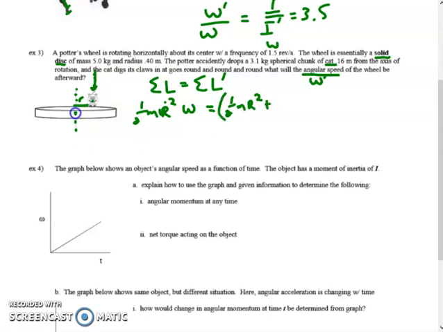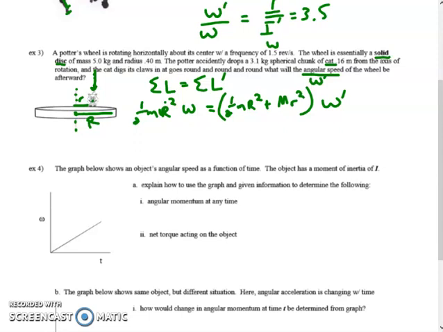That hasn't changed. But now we've got a new mass, the mass of the cat, some distance away, which I'm going to call little r squared, away from the center. If this is little r and the radius of the potter's wheel is big R, times omega prime.